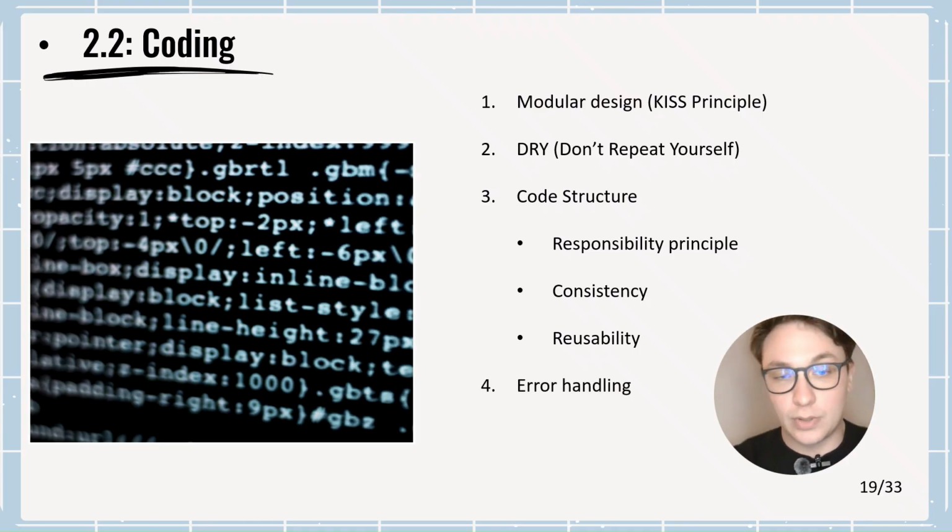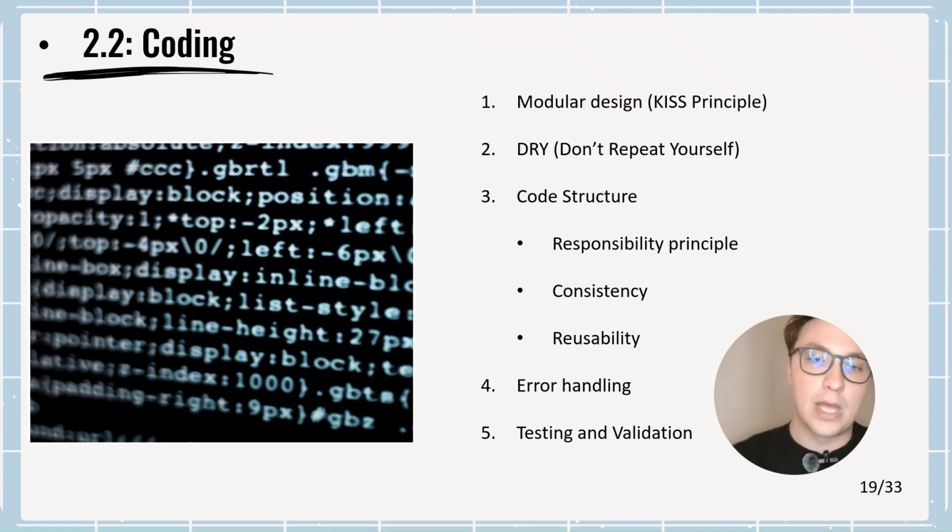And it's always good manners to handle errors from the very beginning, to check for the presence of errors and how to handle them while the program is running. Again, testing and validation afterwards, as always.